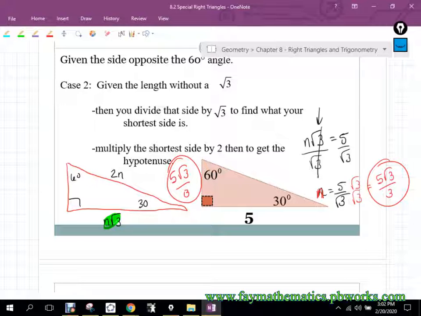Now, here's where people make the biggest mistake, going from n to 2n. Okay, if I have 5 radical 3 over 3, and I want to go to 2n, that means I have to multiply by 2, right? So what is that going to give me up top? Let's multiply this whole thing by 2. What do you think the top's going to turn into?